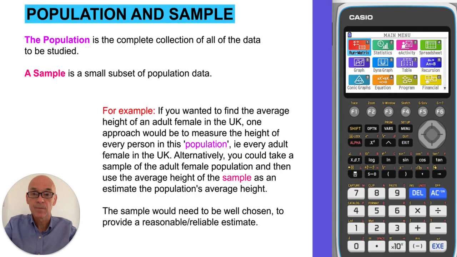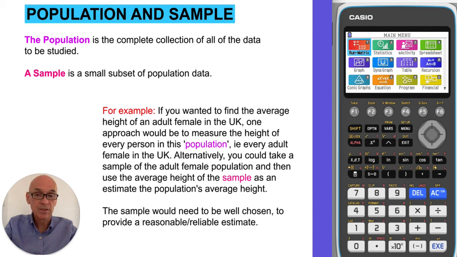So on to population and sample. The term population refers to the complete collection of all the data being studied or investigated, whereas the term sample refers to a small subset of that population. In the example, if you wanted to find the average height of an adult female in the UK, you could of course measure the height of every female in the UK, although it would be rather impractical.